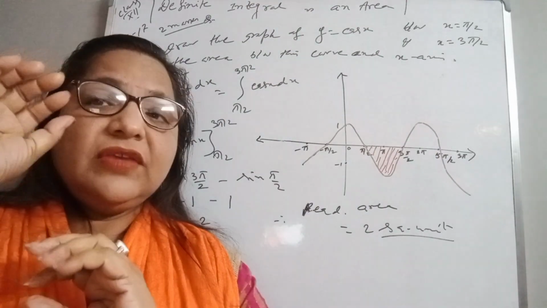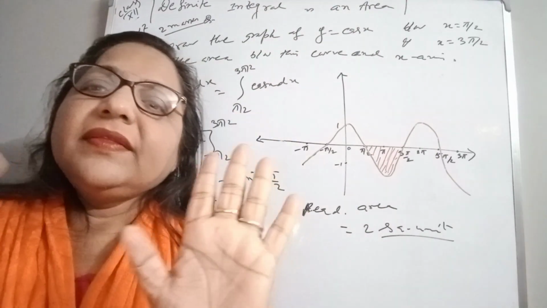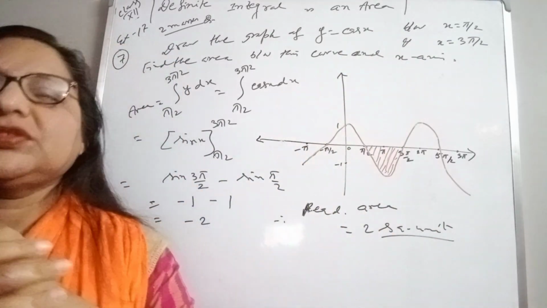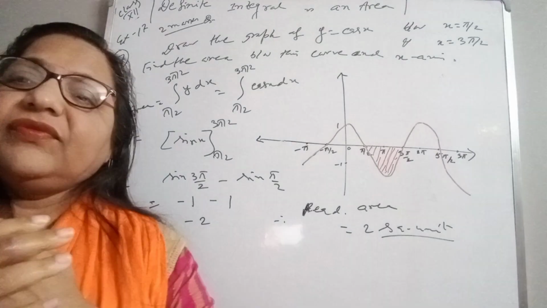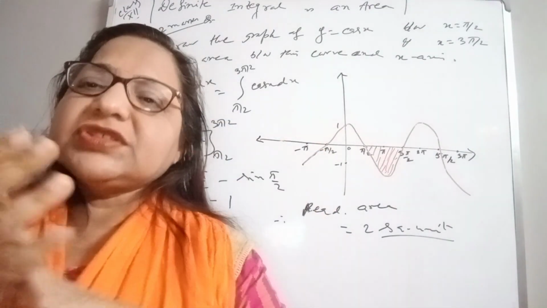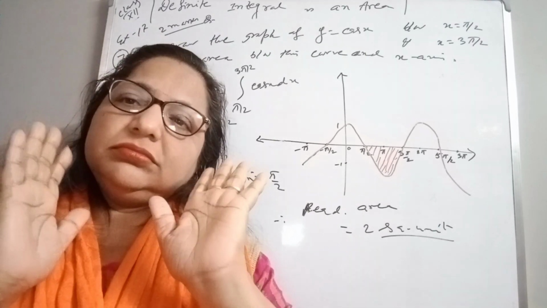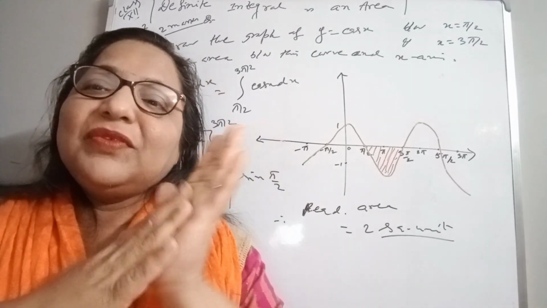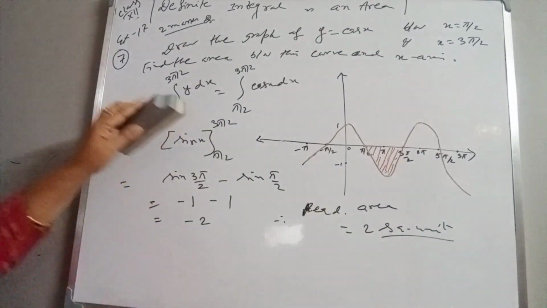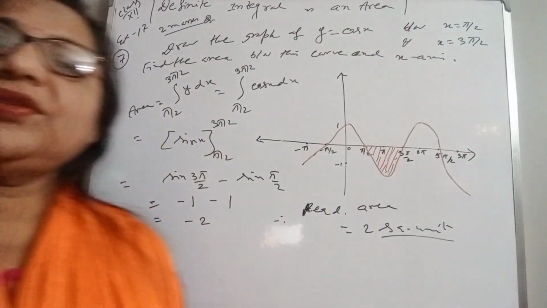And if you know what your answer is, then after using the definite integration formula and everything, if your answer matches the previous one, then you will be satisfied, and you will know that your sum is correct also. Okay, so let me start with a new video for the next sum.